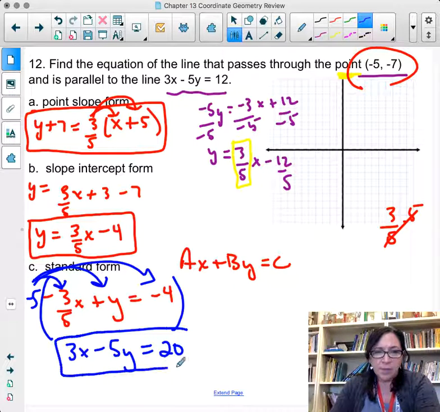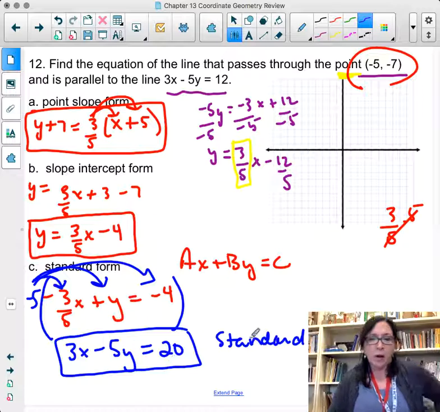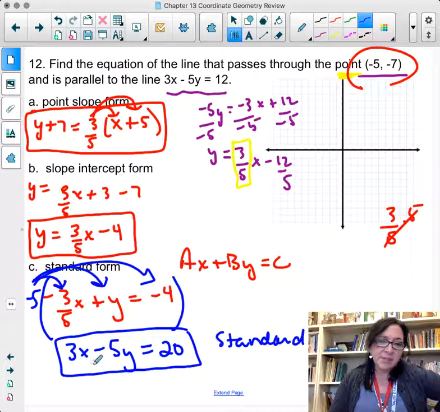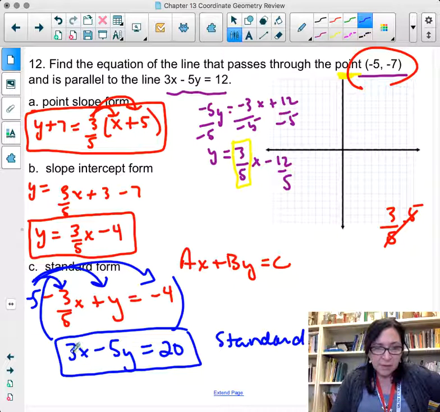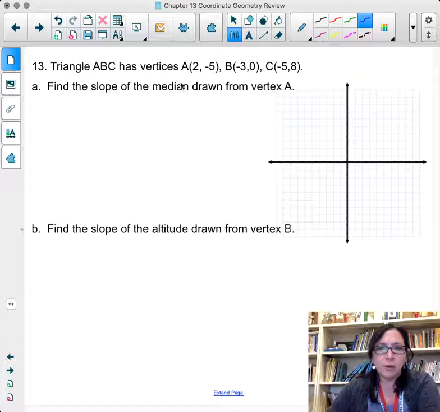So this equation right here is my equation in standard form, where the x and the y are on the same side, and not only are they on the same side, but also the coefficient in front of the x has to be positive. Okay? Okay, cool.